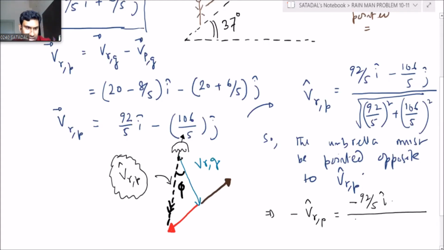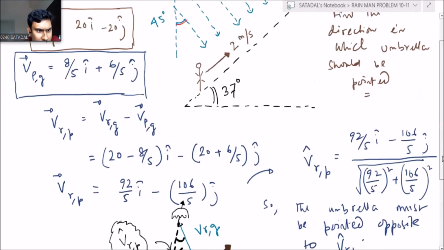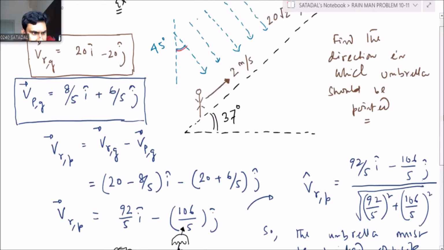Hang on, is this coming like this? Because this component x has to be positive only, no? Where have we gone wrong? Person with respect to ground is this. Rain with respect to ground is this one.